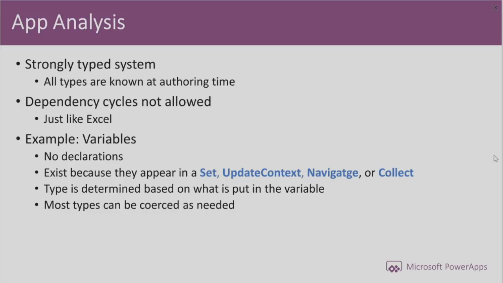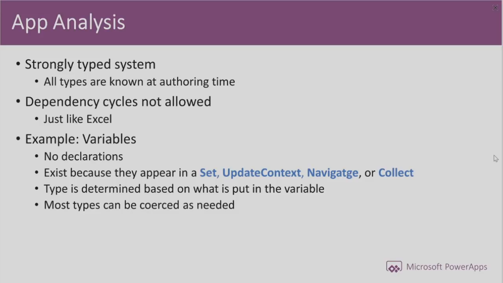And then part of the strong typing is, take the example, variables. You might ask me, well, how do you declare a variable? If this is a strongly typed system, how do you know the type of the variable? And the answer is that all this analysis is happening. So just the usage pattern: when you use a collect statement to put something into a collection, the act of writing that formula will tell us, okay, you want this to be the type of that collection. So all that's driven from the actual usage pattern. You don't have to tell us upfront that you need a collection or a variable.